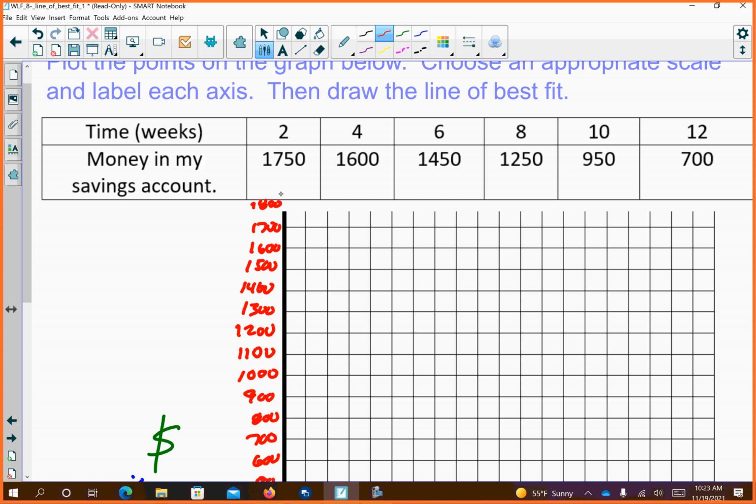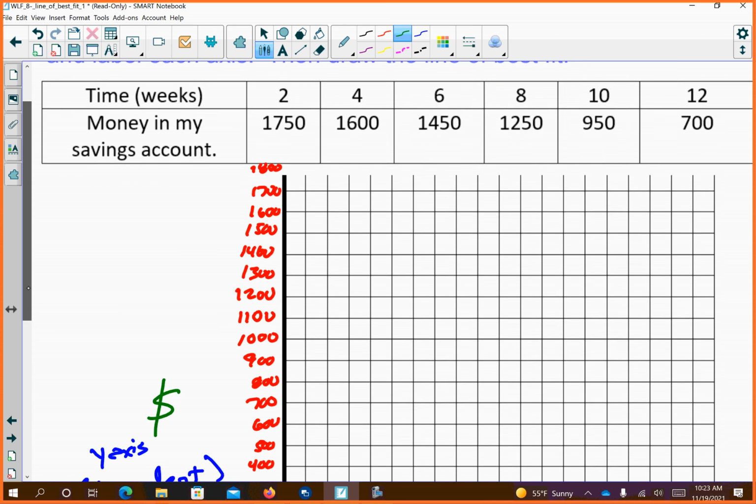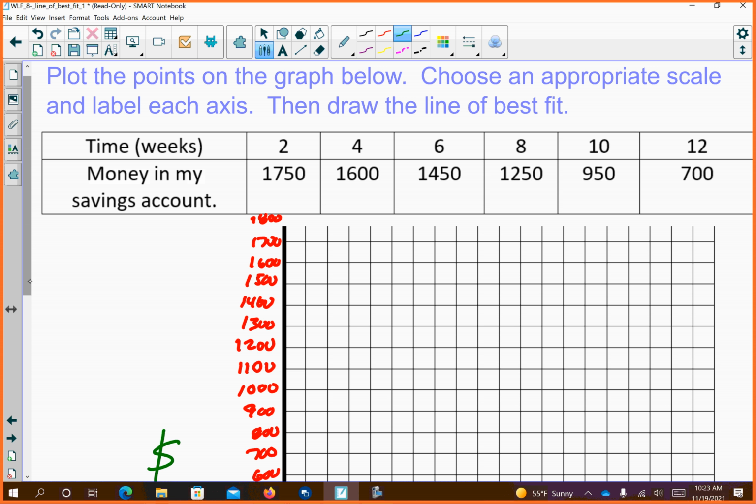All right. So at 2 weeks, make sure I have that right. 2 weeks is second. Okay, so I count by ones. At week 2, we are at 1750, so roughly here. At week 4, oh, that was at week 1. Oh boy, can't take me anywhere.